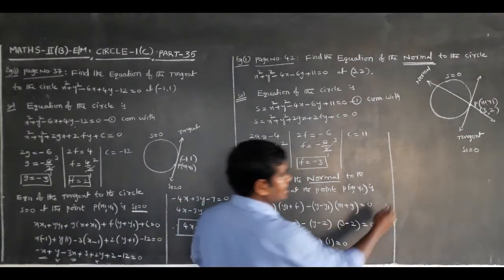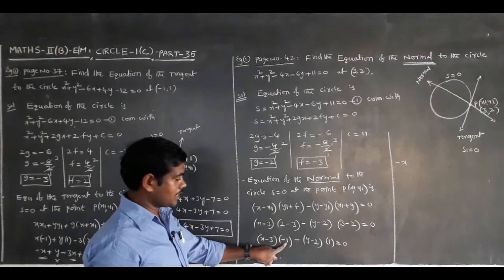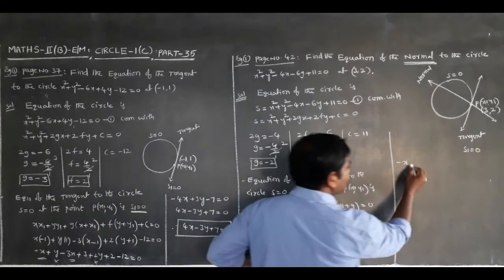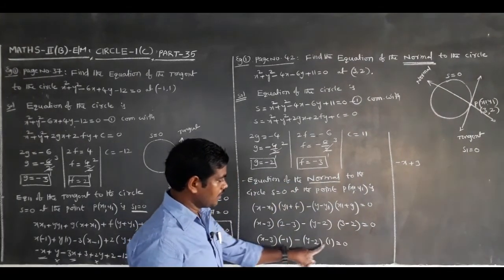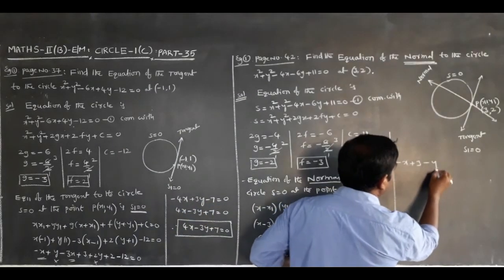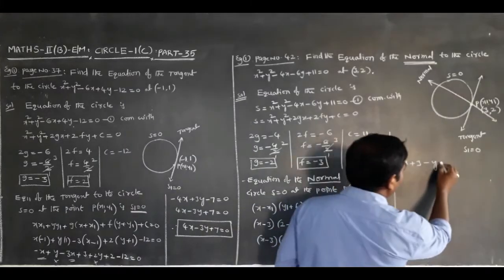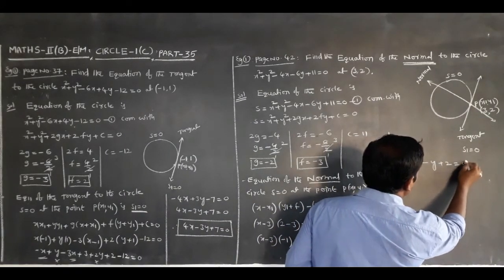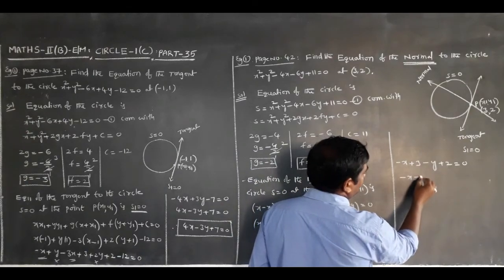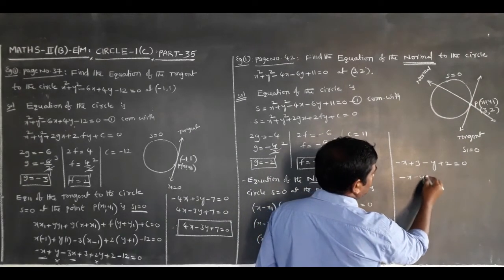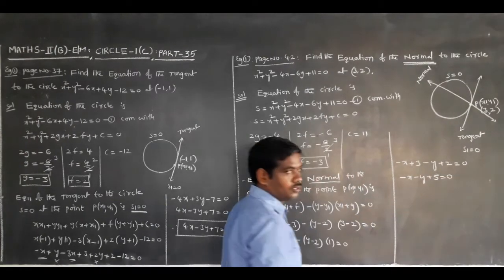x into minus 1 minus 3 into minus 1 gives plus 3, minus y into 1 gives minus y, minus 2 into 1 gives plus 2... minus x minus y plus 3 plus 2 is 5, equal to 0.